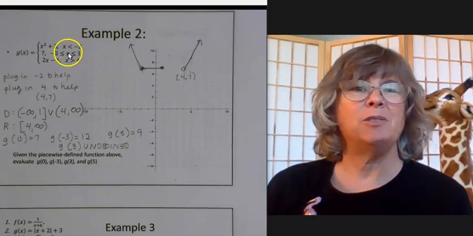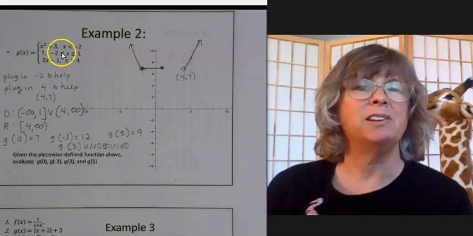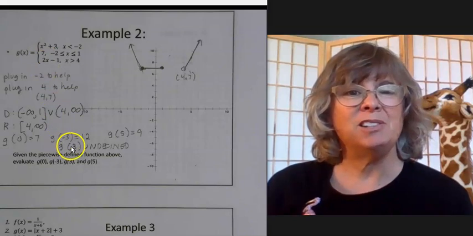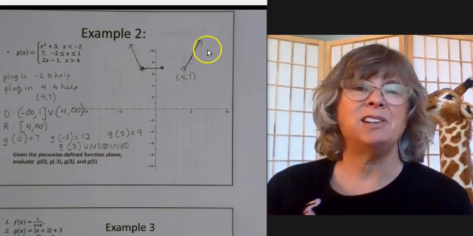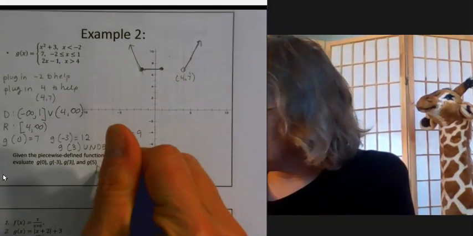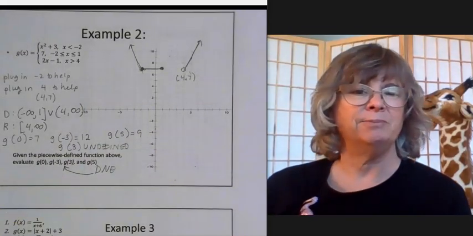You just need to see where it's going to fit in. It's going to fit here. 0 is between -2 and 1, and so the result is just 7. What's interesting is that g of 3 is undefined. g of 3 does not exist. Instead of writing undefined, you can write does not exist. So I'll put that: does not exist, g of 3.